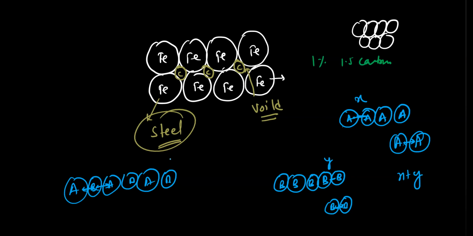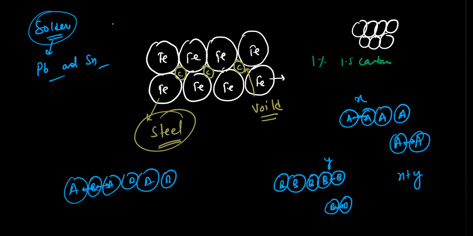As a result, the alloy made by mixing A and B will have a low melting point. So we have solder. This solder is a paste, or we can say an alloy, made up of lead, Pb, and tin. When we mix lead and tin, we get solder, which can easily melt.